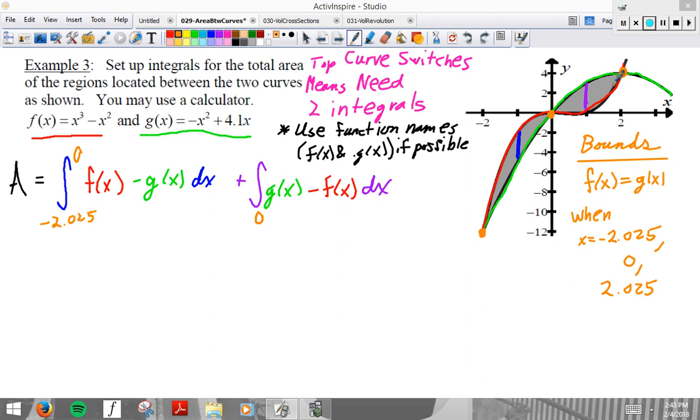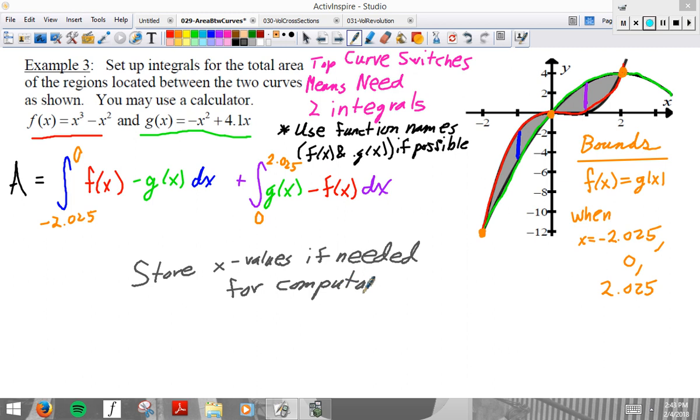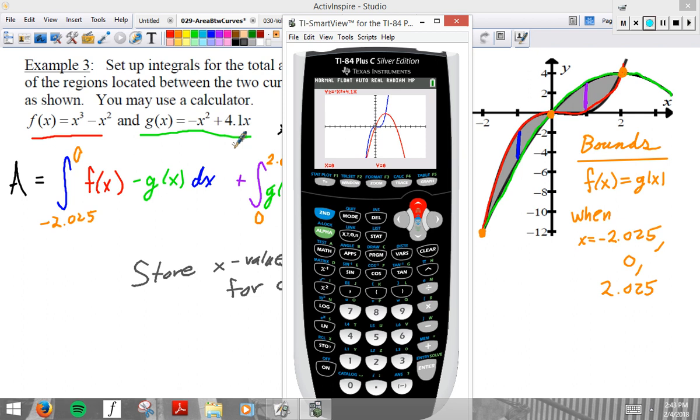And then the highest X value in that region would be positive 2.025. Again, store the X values if needed for computation. It will make your computation more accurate.